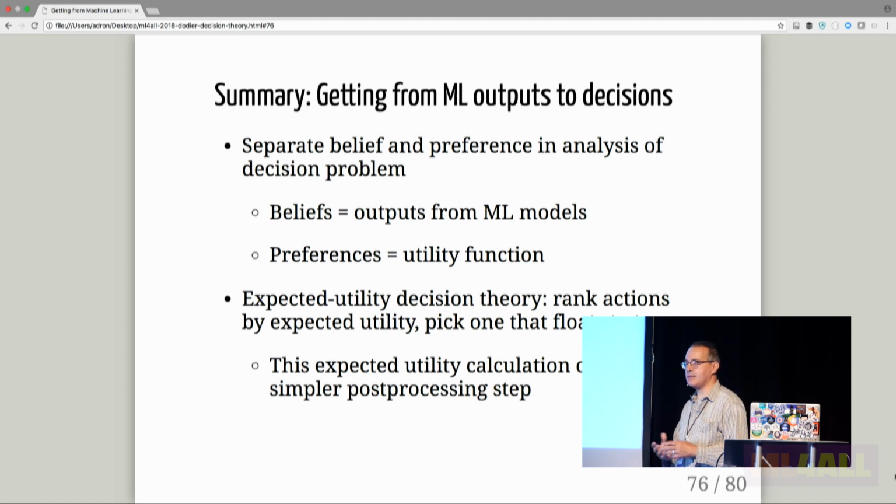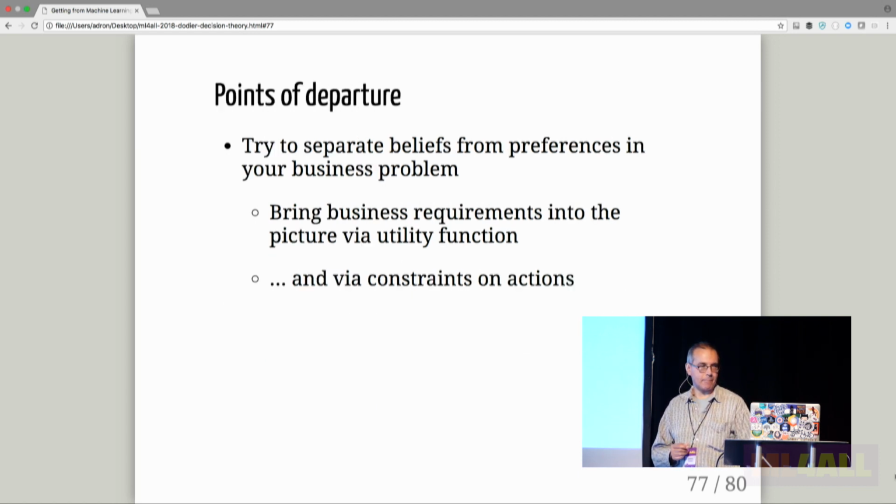And in many cases, this expected utility calculation is much simpler than the other steps which brought us to that point. So as we go now from here to putting this into practice, I would like to recommend that you can bring business requirements into play via the utility function and also via constraints on the set of possible actions.